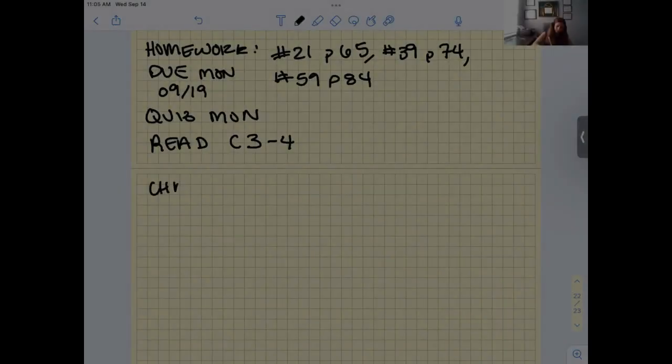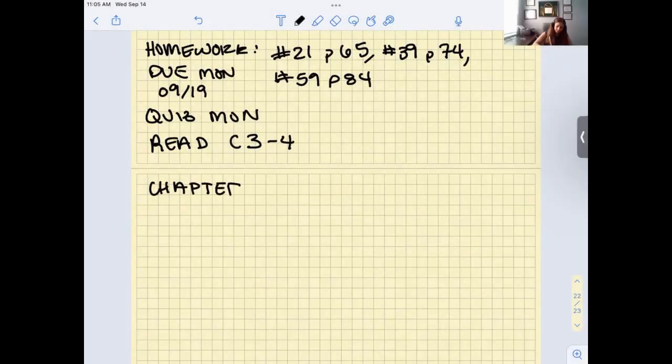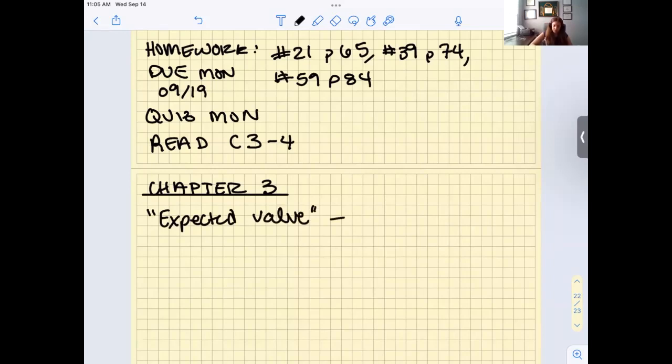Okay, chapter 3. There's something that we call the expected value, which is simply a weighted average.